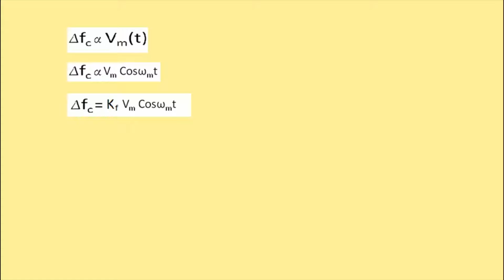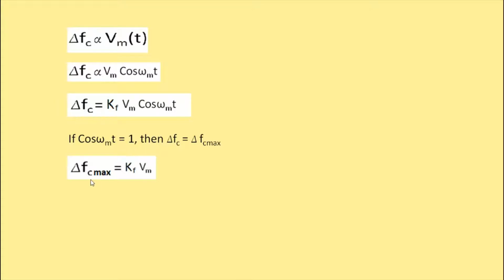Now this expression can have a maximum value when cos omega mt takes up a value which is equal to 1. So at that time, delta Fc now becomes equal to Kf into Vm, because the cos omega mt value is now at its maximum value, that is equal to 1.